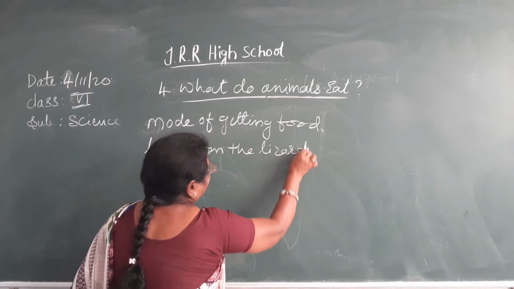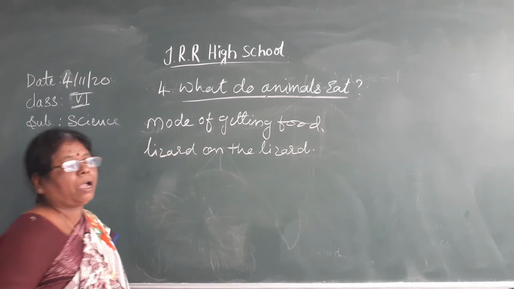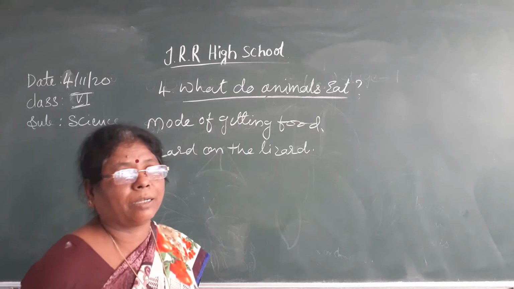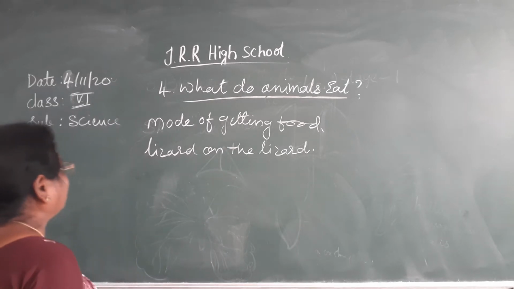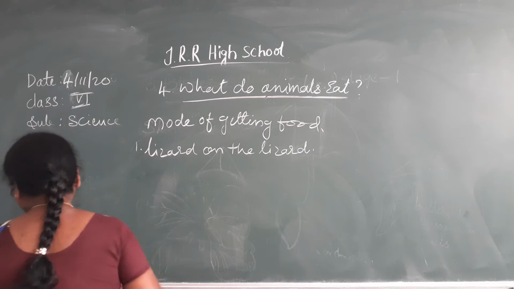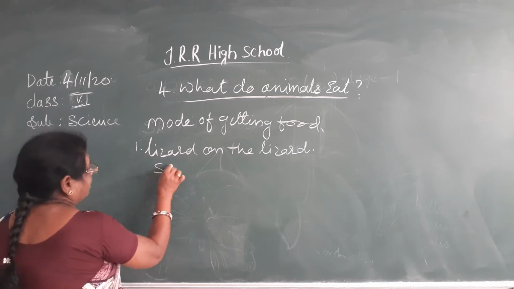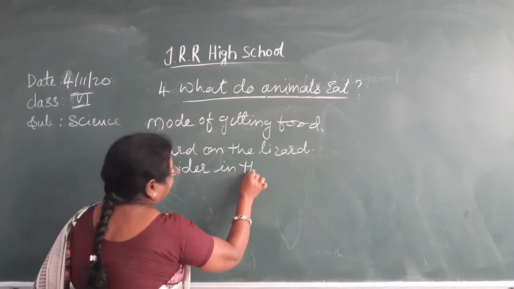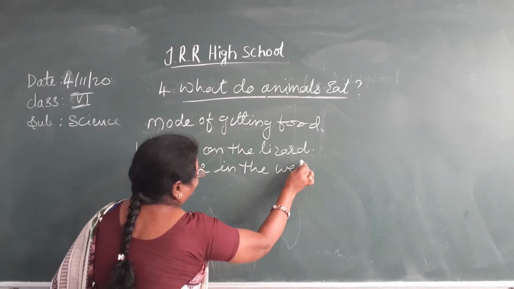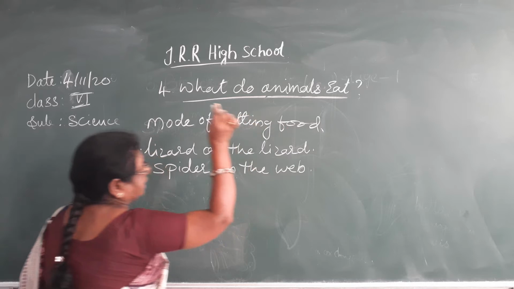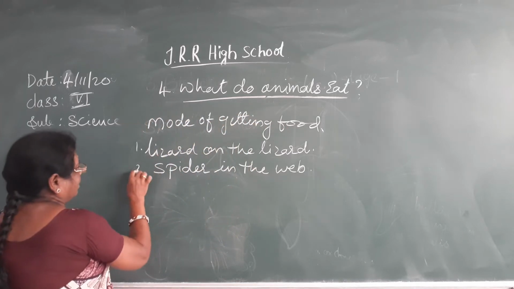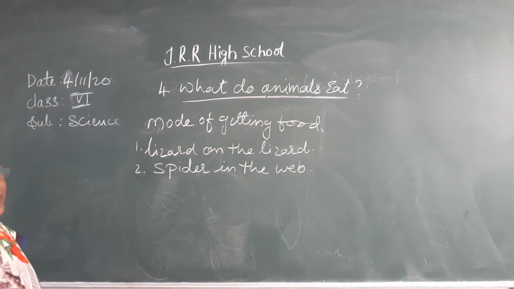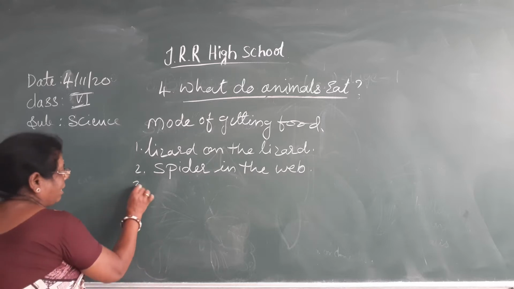It catches the insect by taking out its small tongue. With the tongue it catches the food. In the same way, the spider in the web. When the insect visits the web, it is stuck in the web and the spider catches the insect.